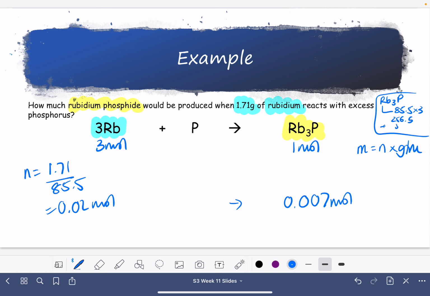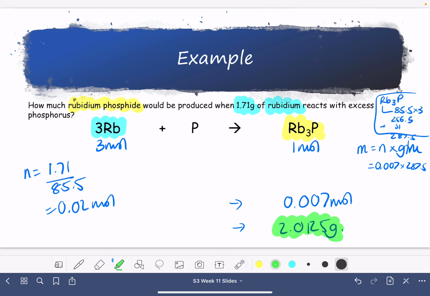So plus 31, and then we get 287.5. So 0.007 times 287.5, and we get an answer of 2.0125 grams. That's our final answer for that one.